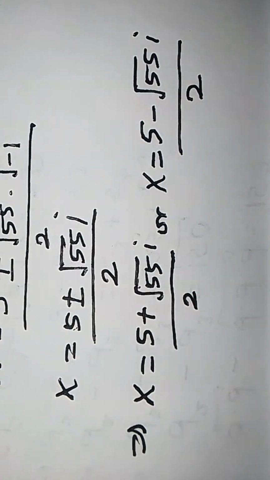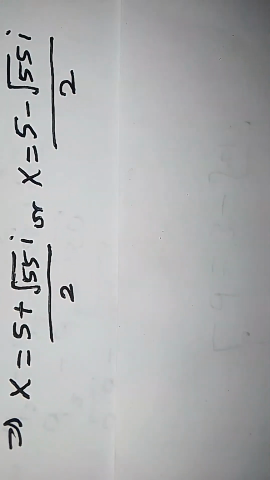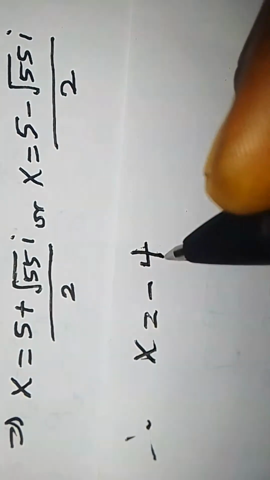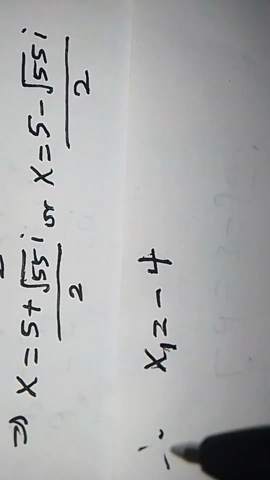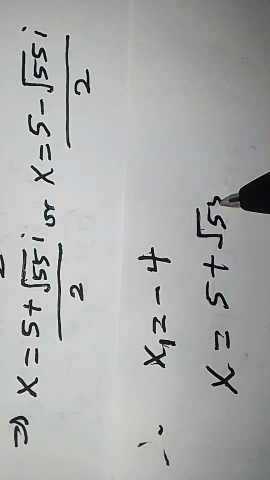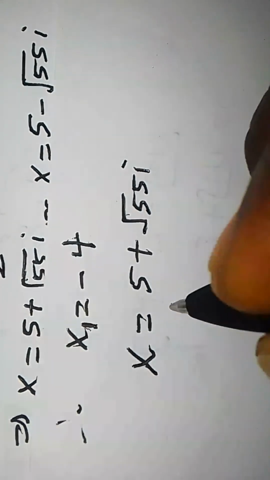So that means all the solutions that we have for this math Olympiad question are, therefore, the first solution is x equals to minus 4. That's the first solution we obtained. Let's call it x1. The second solution is x equals to this guy, 5 plus square root of 55i, all divided by 2.